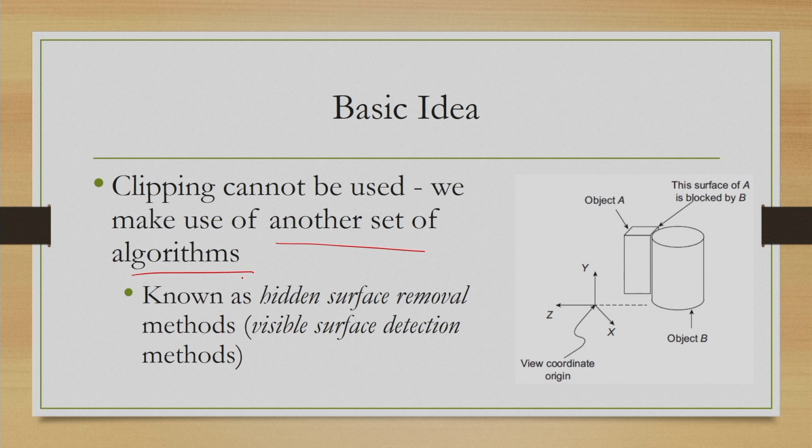Now, these algorithms are collectively known as hidden surface removal methods or alternatively visible surface detection methods. So, to note, with clipping what we do, we try to remove objects that are partially or fully outside the view volume.